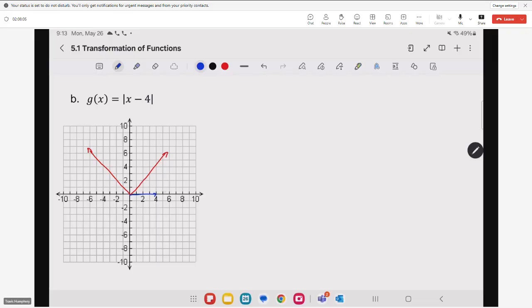So that would move that there. So our function would look something like this.